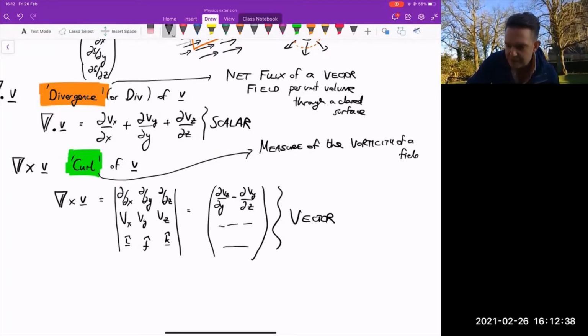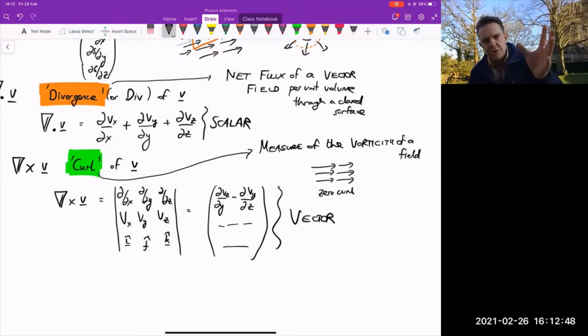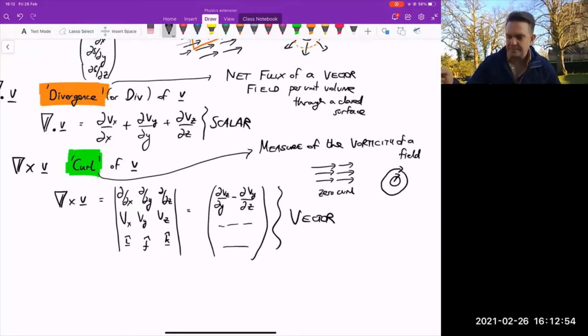In other words, this field has zero curl because there's no element of that field which is rotating or curling around a point, whereas this field does have a curl, right? Because there's a rotational aspect to it. So it's a vector which tells you something about the vorticity of a field.